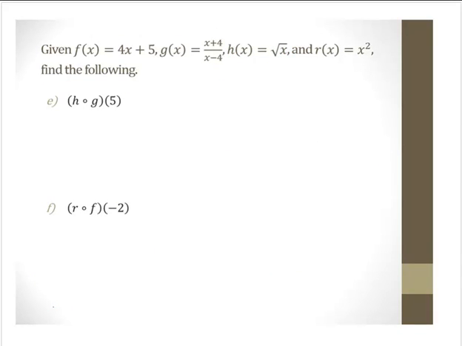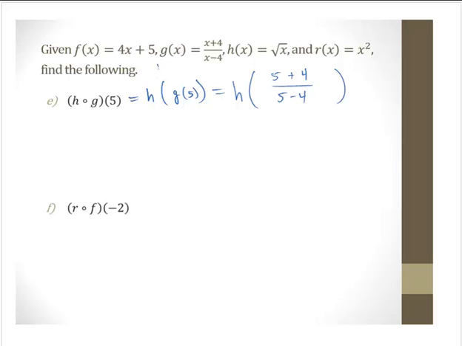What if we were asked to find h composed g of 5? We can find the composition function first and then substitute 5. However, it might be easier to just think of this as h of g of 5. Now g of 5 would be 5 plus 4 over 5 minus 4, right?